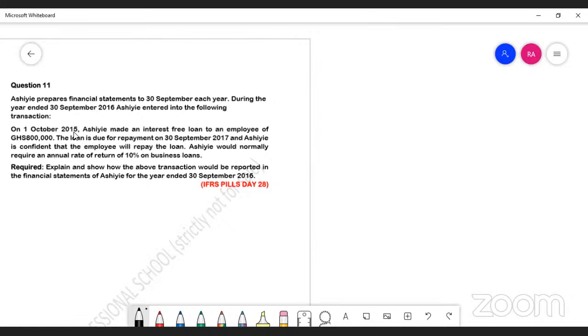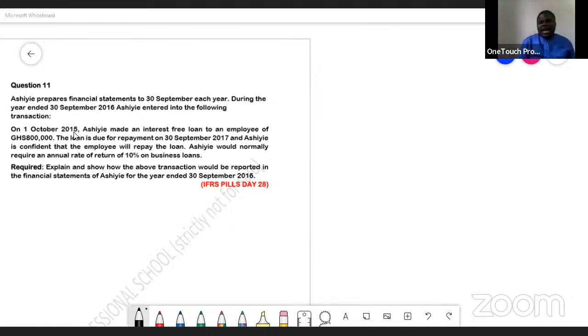ICA Limited prepares financial statements to 30th September each year. During the year ended 30th September 2016, ICA entered into the following transaction.